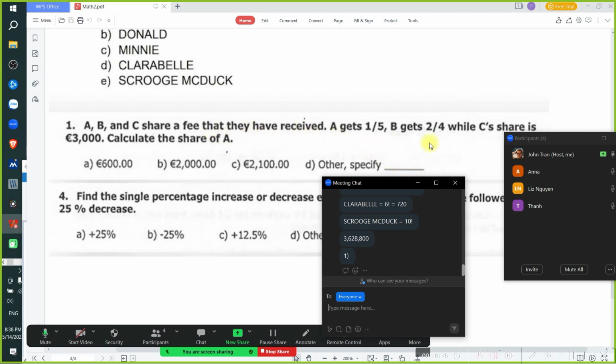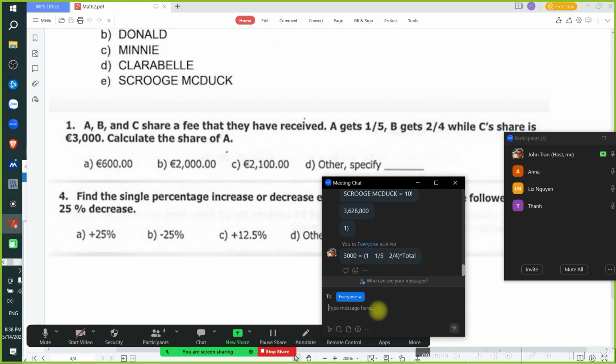So C's share is 3,000. But C's share is basically 1 minus a fifth minus a fourth of the total, isn't it?